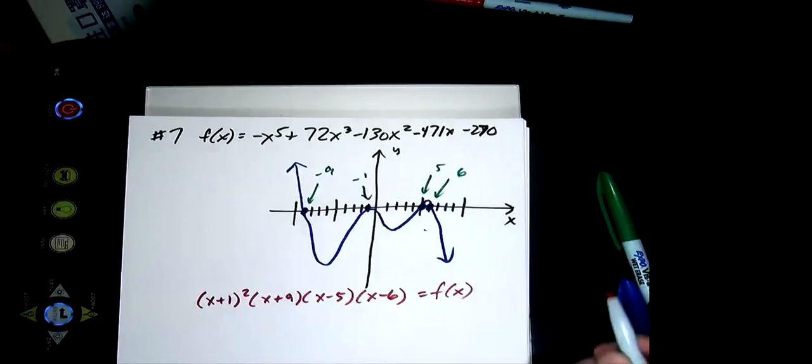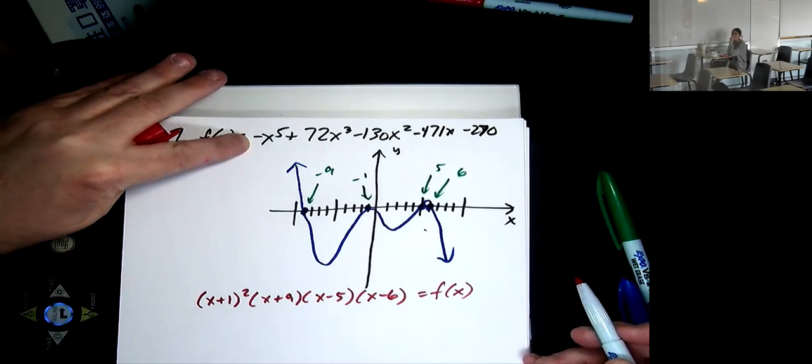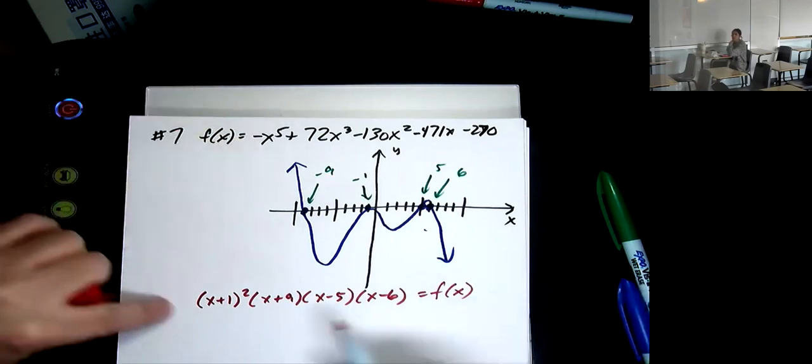I did, but when you do the check, when you multiply the last digits and see if it gets the ending coefficient, it gets positive 270. It does. You can also see that x to the fifth is negative, and we have no negative x's here.